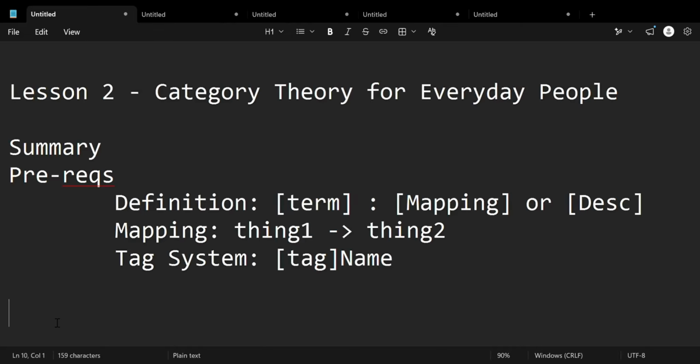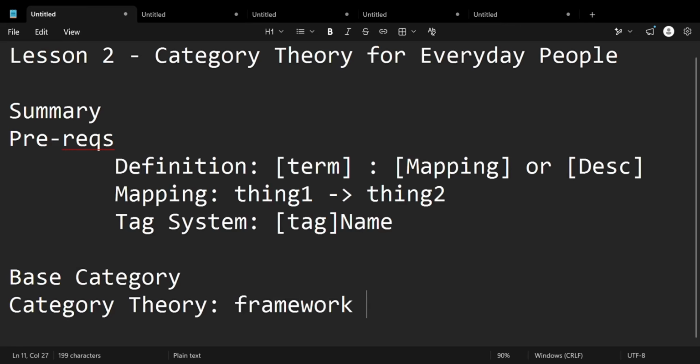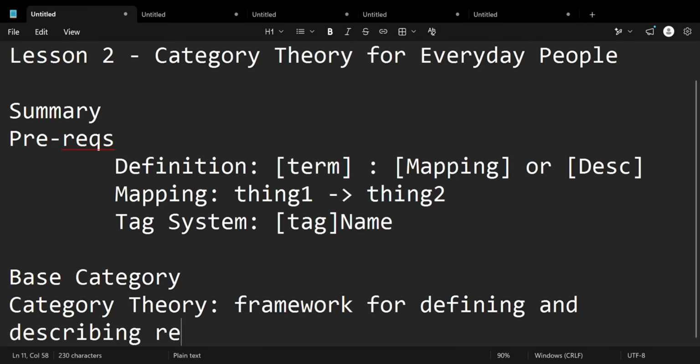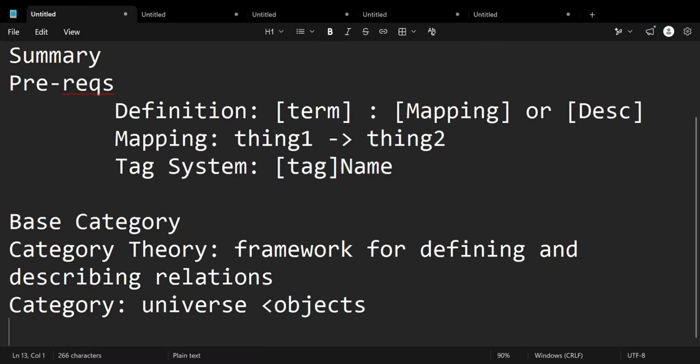Okay. And then we went on to base category theory, where we defined, well, what is category theory? It is a framework for defining and describing relations. We said a category is a universe where it houses our objects.